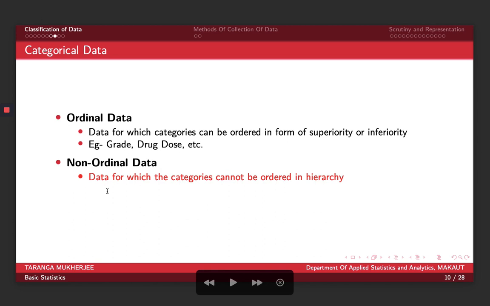Then what is meant by non-ordinal data? Non-ordinal data means the categories cannot be ordered in any hierarchy. Religion, for example, or blood group A plus, B plus, B negative, O negative, we really cannot order them. We really cannot say that this blood group is better than that blood group.